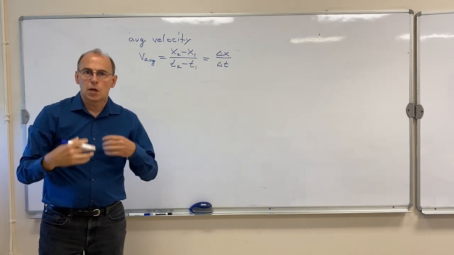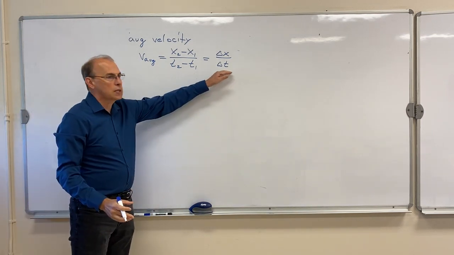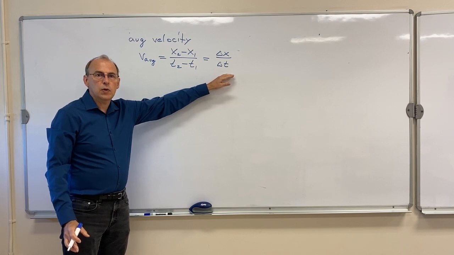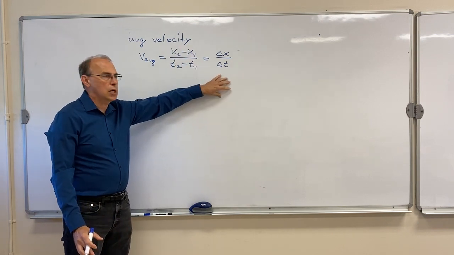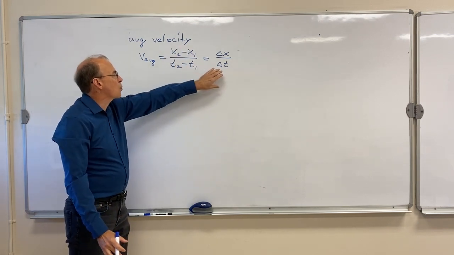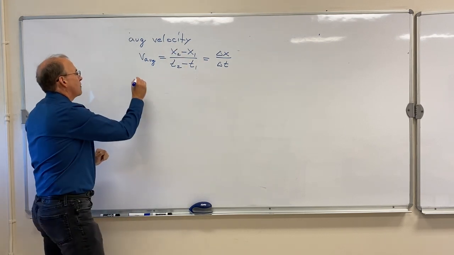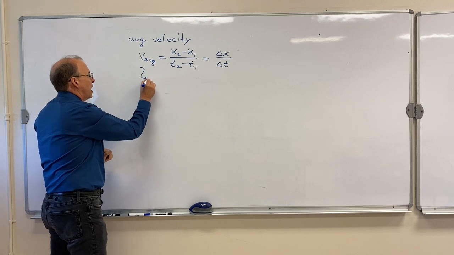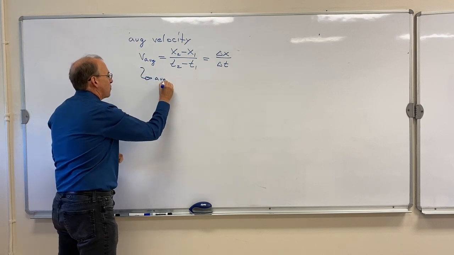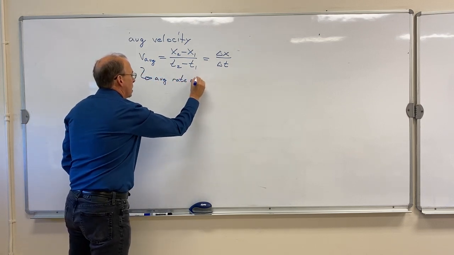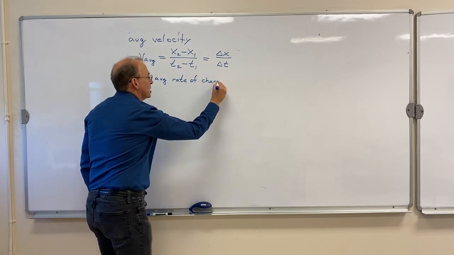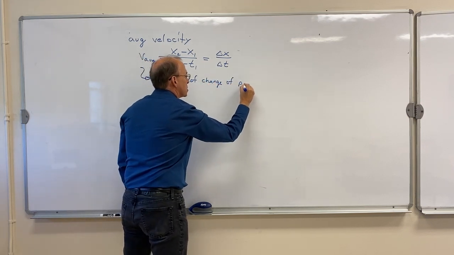Anytime in physics we divide by change in time or elapsed time, we think of that as a rate of change of something. So this is the rate of change of what? Position. So our average velocity we can define as the average rate of change of position.